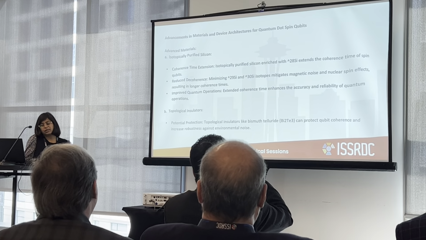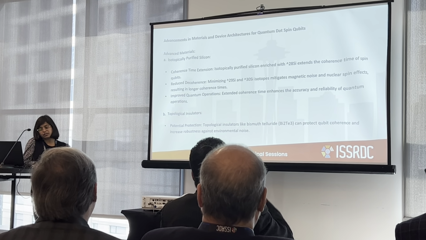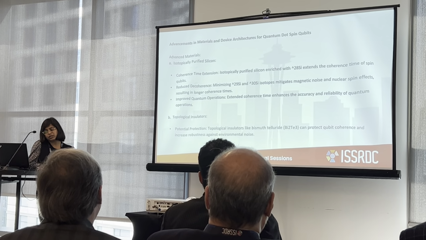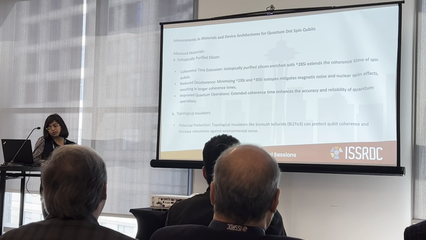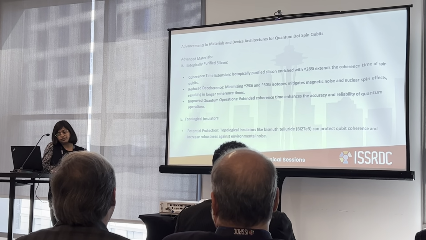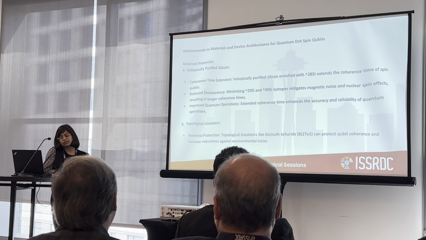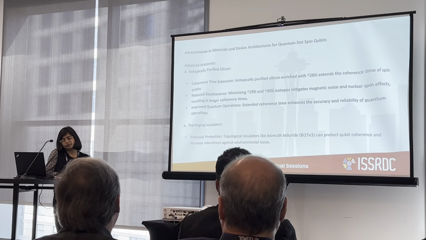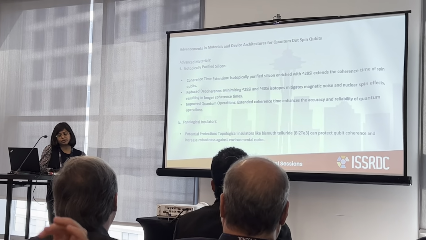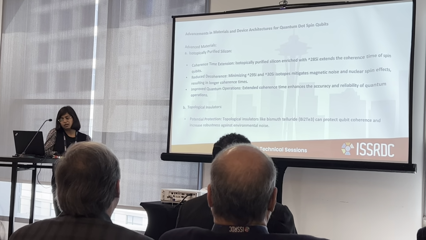Another main focus of this research would be advancement in materials and device architectures for quantum dot spin qubits. Here I've listed a few of the advanced materials, such as isotopically purified silicon. The advantage is coherence time extension.